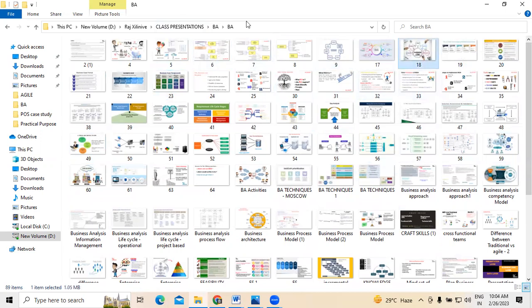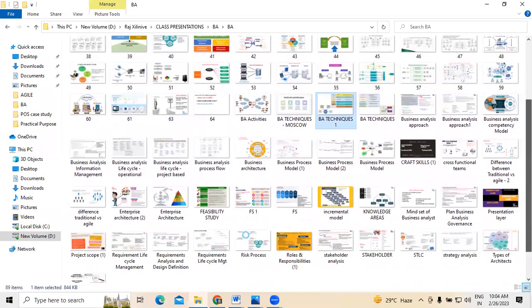Sir, it is there next to enterprise architecture. No, everything will be mentioned as enterprise architecture here because I create different presentations, right? I don't change the name usually. Oh. Just give me a minute. I'll show you. I kept it somewhere.